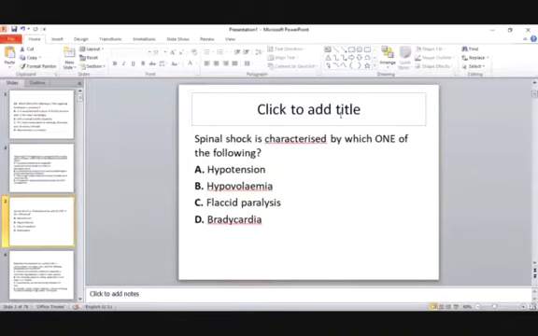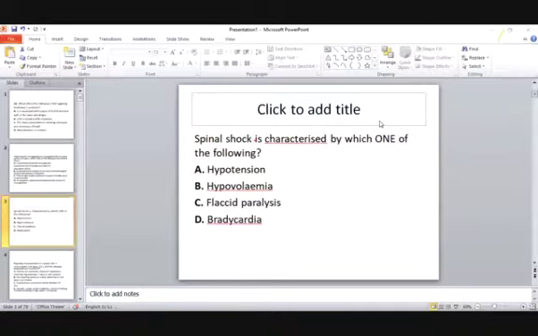For example, say there is a patient with a thoracic spinal cord injury who is paraplegic, and you do some manual procedure like PR or catheterization, and because of the sudden stimulation there will be a massive sympathetic surge. Because of that the patient will get hypertension and bradycardia.